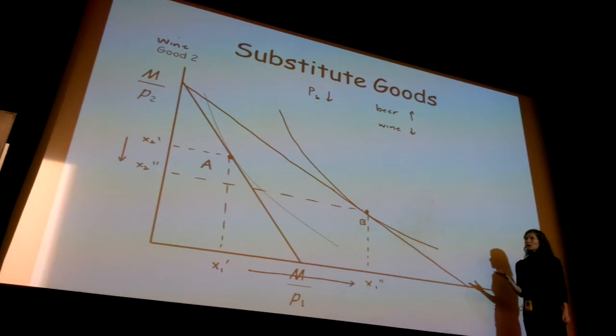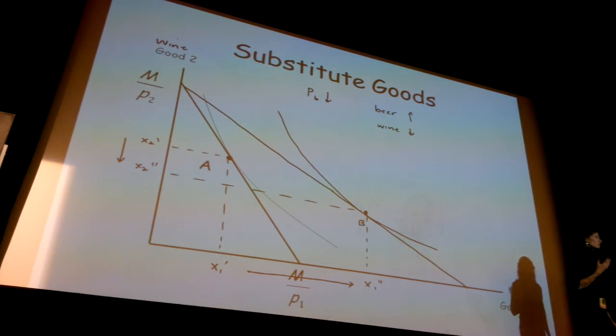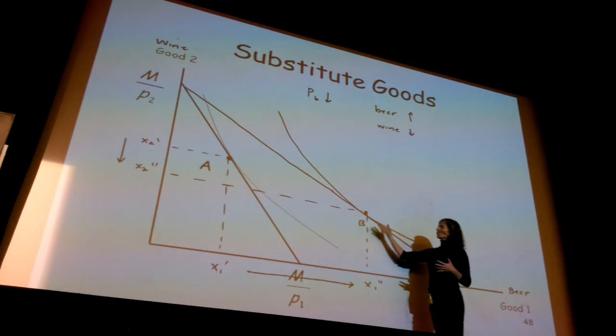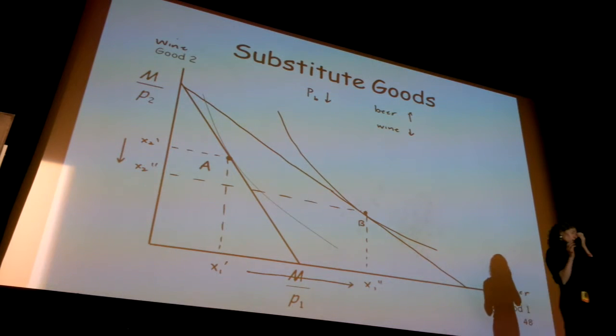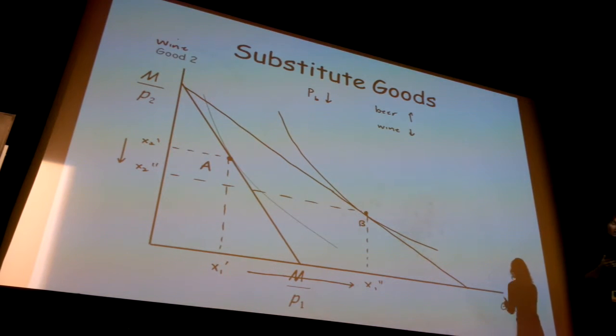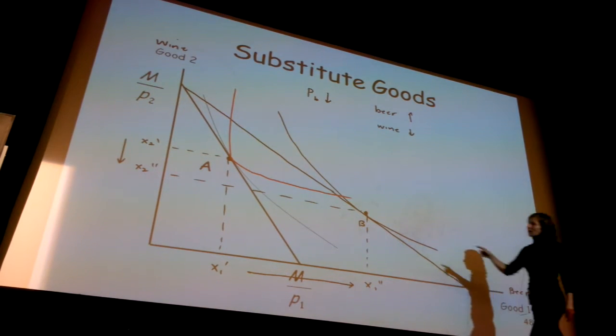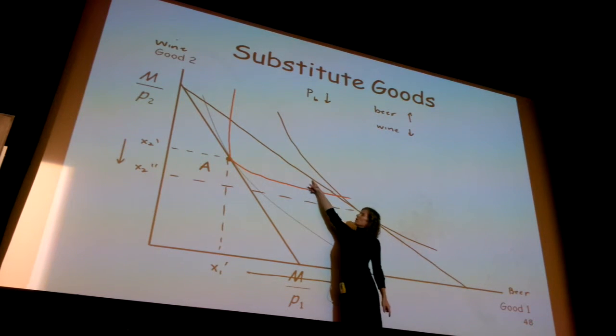Now, why did it matter how I had drawn these indifference curves? You guys may be wondering why I was talking about the fact that for the perfect substitutes, I'd drawn these big, wide open indifference curves, and for complements, I'd drawn the tighter, the closer indifference curves. If in this example, I don't suggest that you draw this, but if in this example you had drawn really tight indifference curves, it's going to be hard to find a point along this.